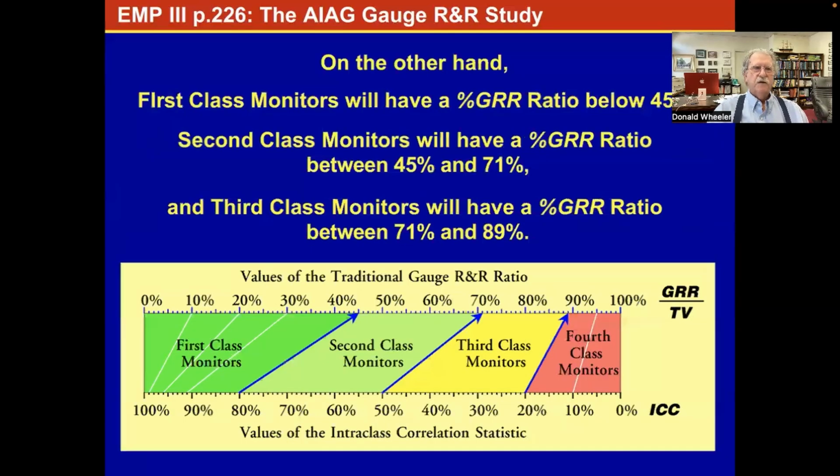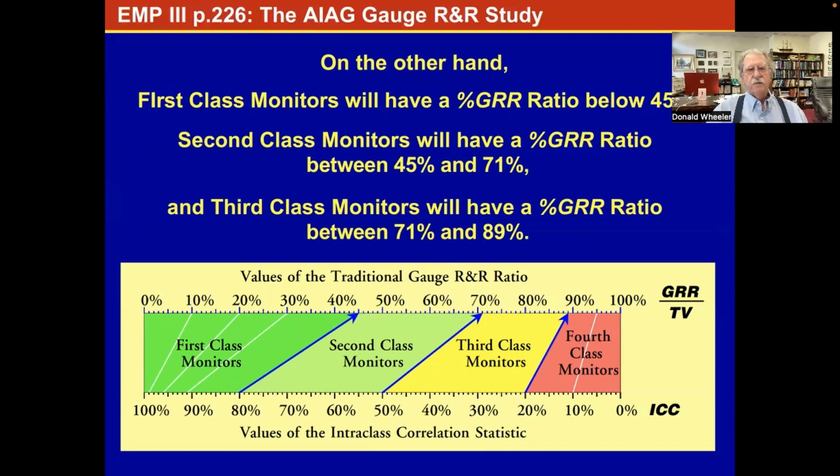On the other hand, first-class monitors will have a combined R&R ratio below 45%, 0 to 45%, first-class monitor. Combined R&R between 45 and 71%, you've got a second-class monitor.